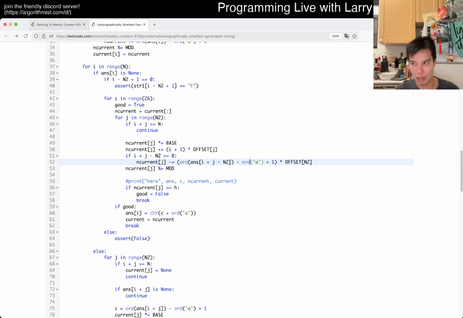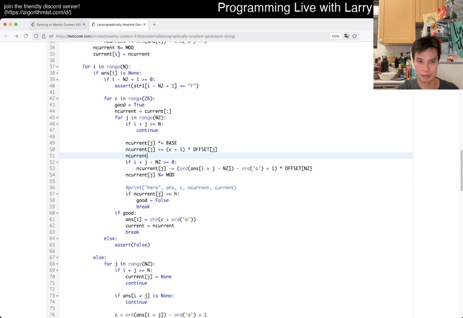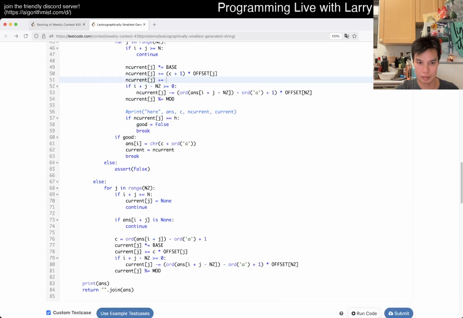Okay, we shift off, but we want to also shift on, right? So is this right? What is going on here? Oh no, that's right. I did some stuff, but okay.